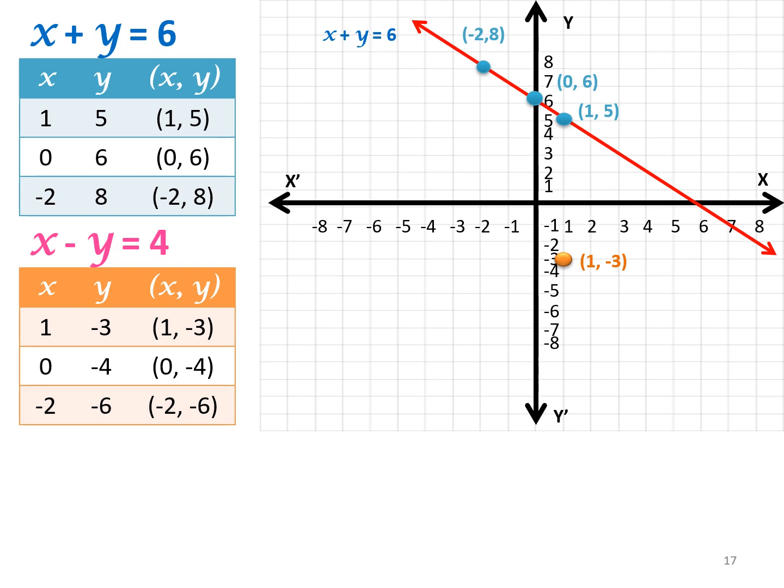X value is 0, y value is minus 4. So the coordinate point lies on my y-axis, that is 0 comma minus 4. Third value -2 comma -6, -2 on my x-axis, -6 on my y-axis. So the intersection of the coordinate point is -2, -6.